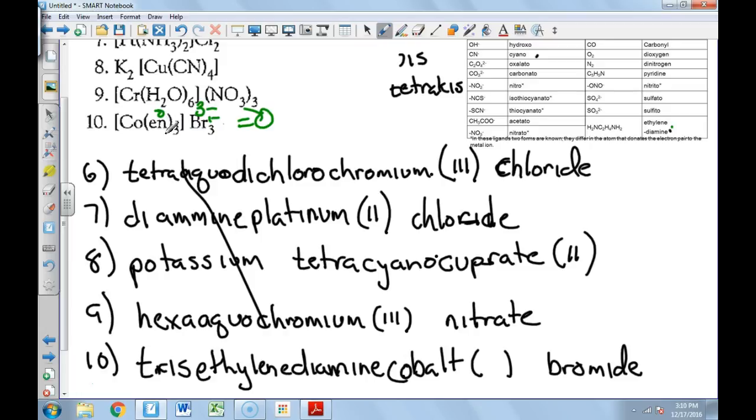There's 3, and so that doesn't contribute to the charge. So cobalt, what plus 3- equals 0? There's 1 of them, so cobalt's going to be 3+. And you'll see a pattern. A lot of these examples that we do have charges of 2 and 3. 2 and 3 is the most common charge for transition metals.